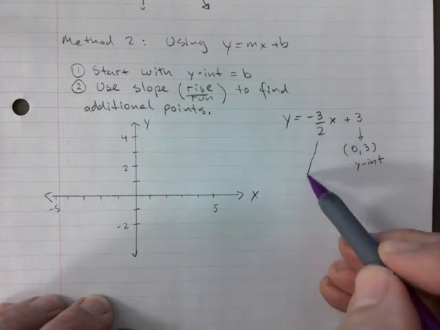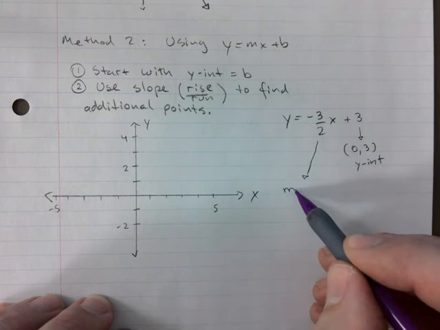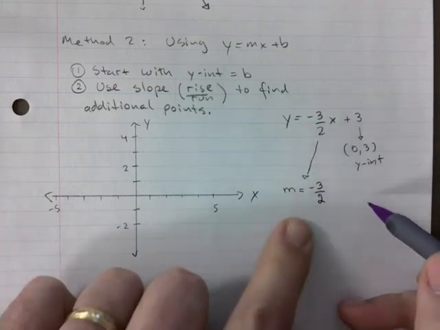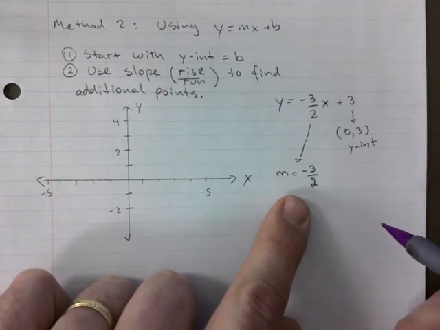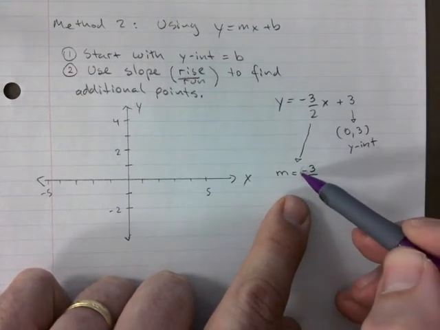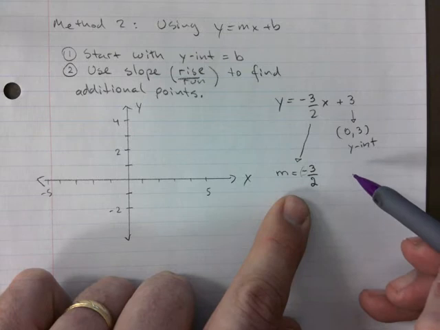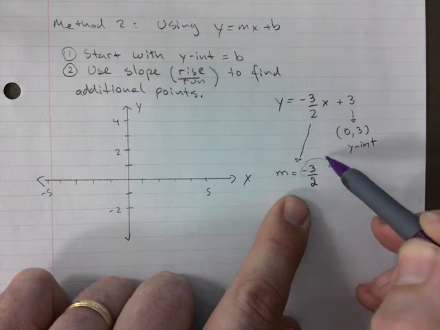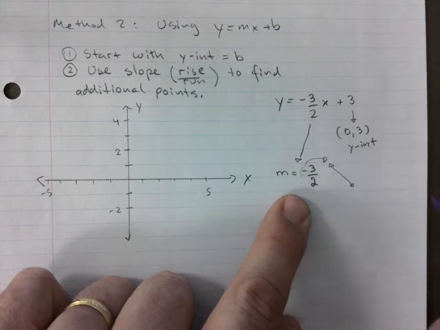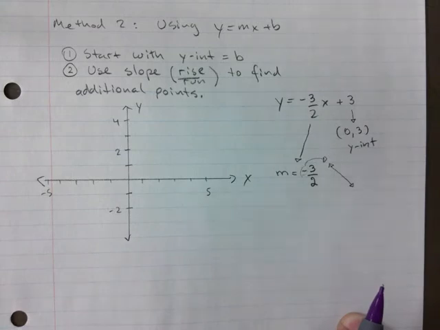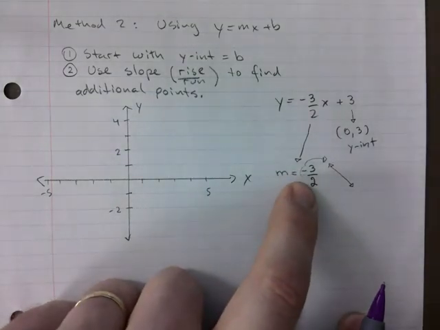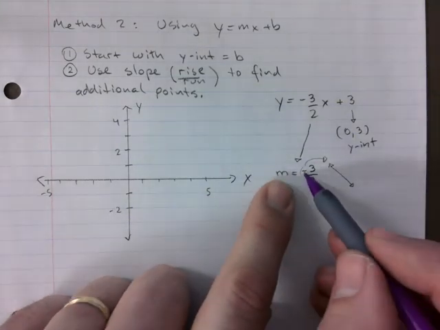And I know that my slope is negative 3 over 2. You're expecting the line, because of that negative, to drop from left to right, right? And I always make the negative go to the top. So if you have a negative in the negative 3 over 2, just bring it up to the top.